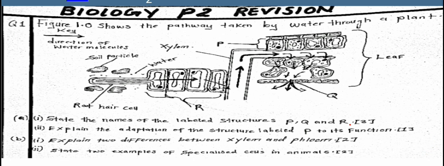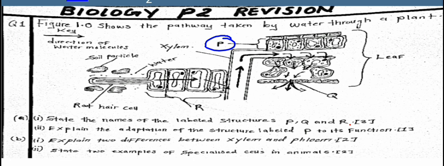Okay, so it is saying explain the adaptation of the structure labeled P to its function. So structure labeled P, this one here, is called the palisade cell. And when you talk of the adaptations, you need to talk of the features which are going to enable the specific specialized cell to perform its function.